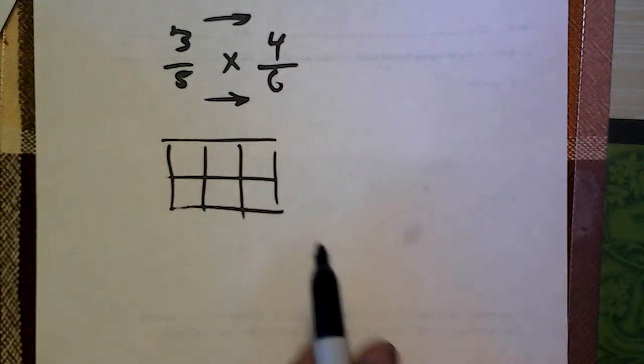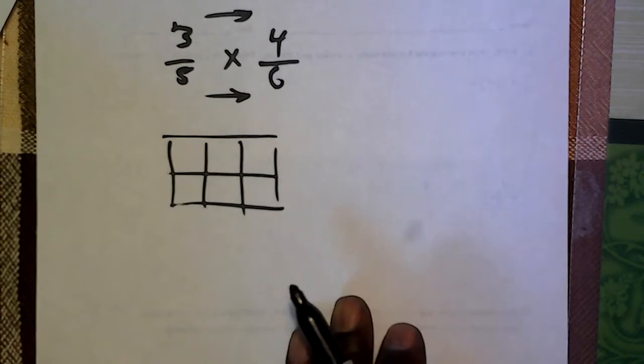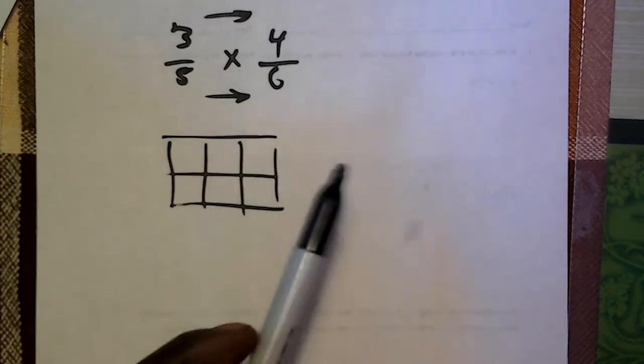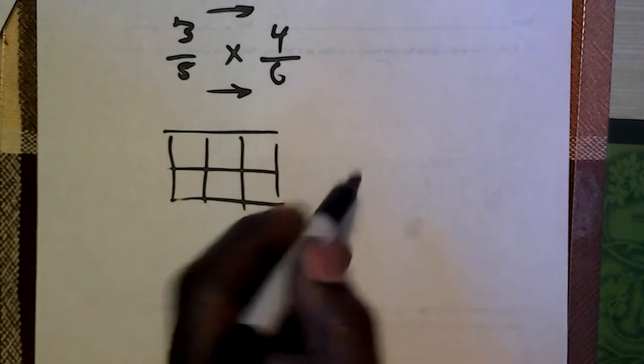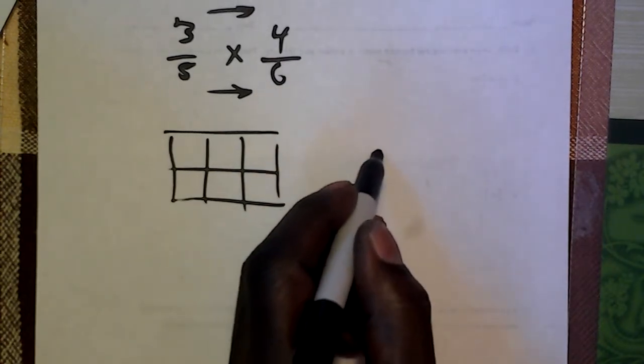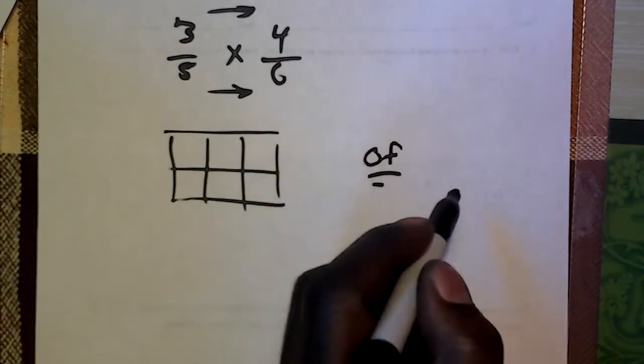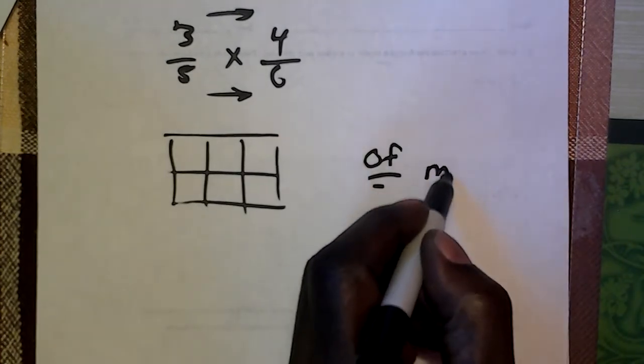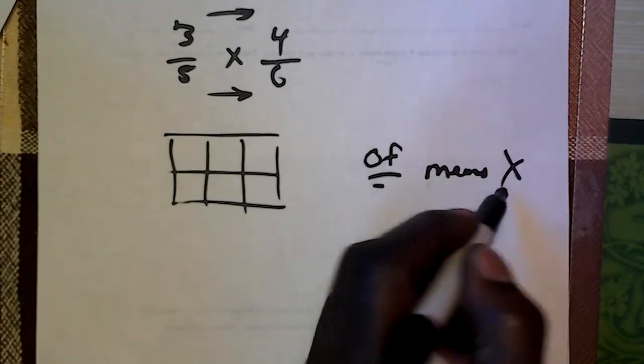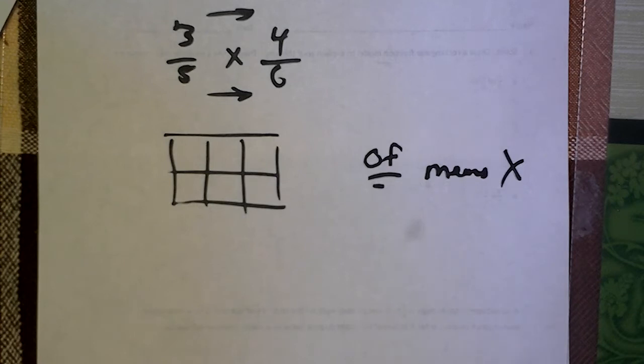But we'll be starting to get away from that, and so we'll use the rectangle plus tape diagrams to find our answers, yes? And remember that when we say the word of, what does it mean? It means times. Very good.